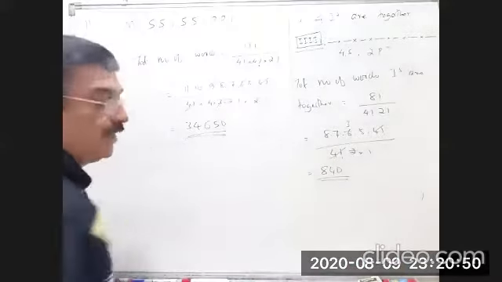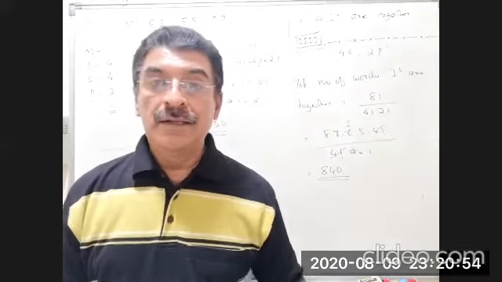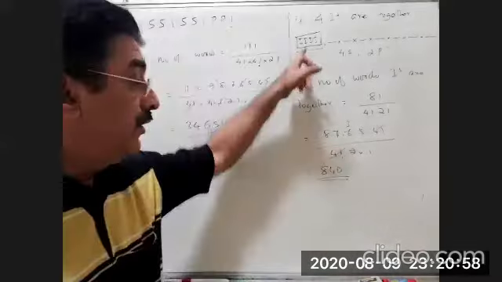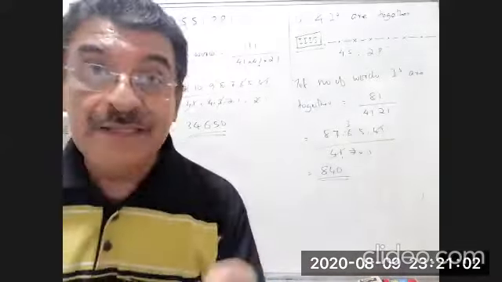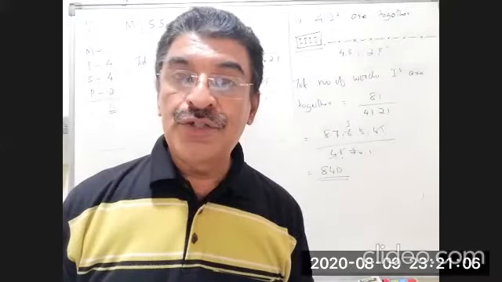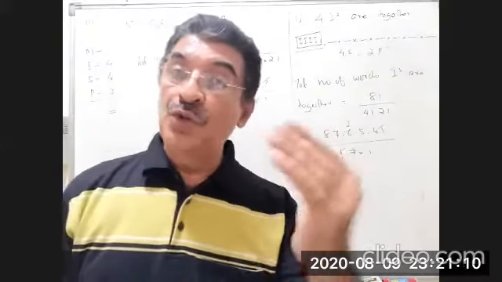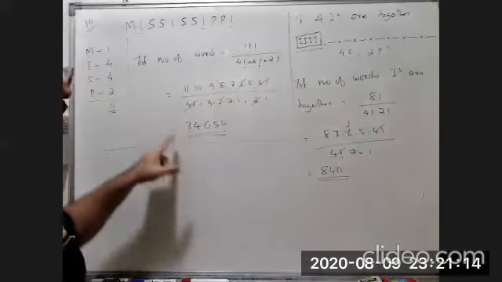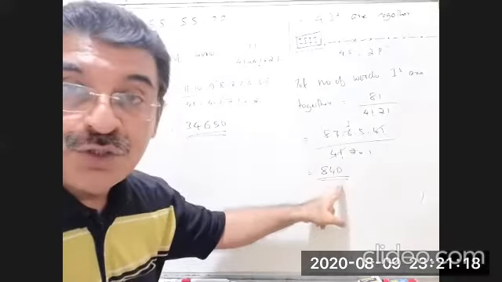Not over. See, this is the number of words where these 4 I's come together. And what is our question? Our question is the number of words where the 4 I's do not come together. So how to find it? We know the total number of words and we know the number of words where I's are together.